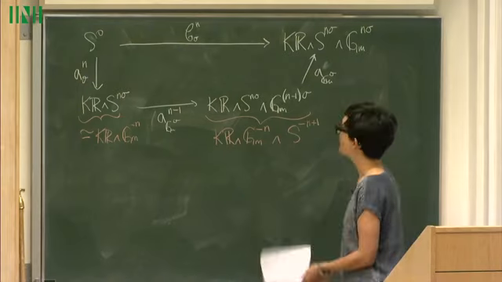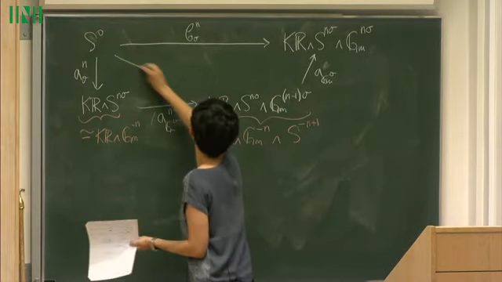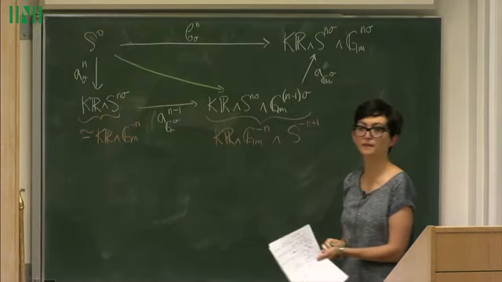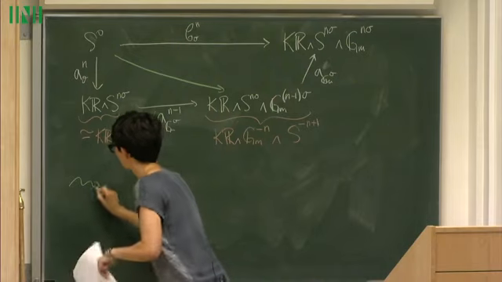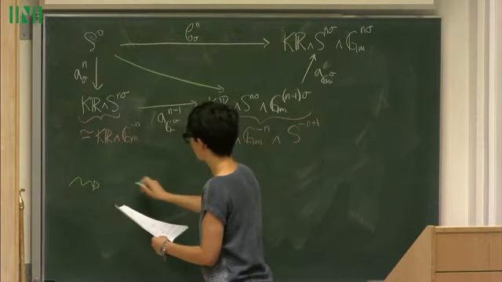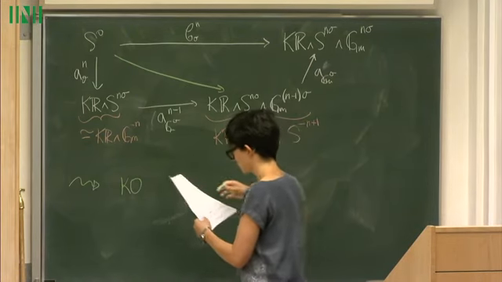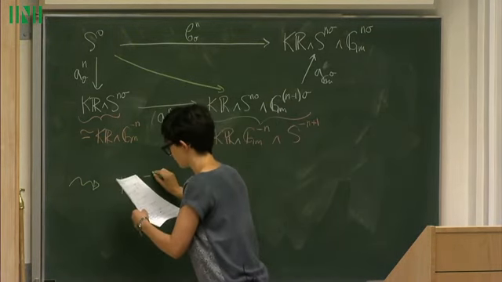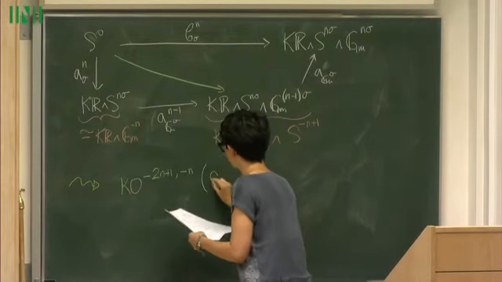Okay, and now I'm looking at this map. What is this map? This map is going to give me a class in KO, and now I have to use this, minus 2n plus 1 comma minus n, S naught.